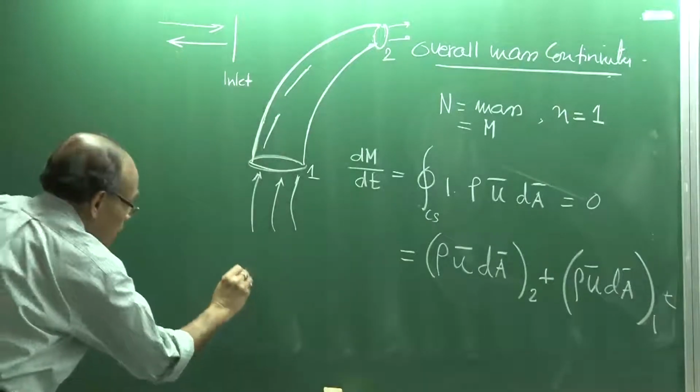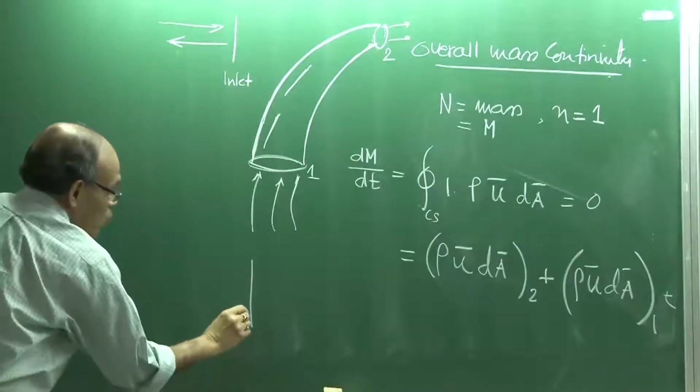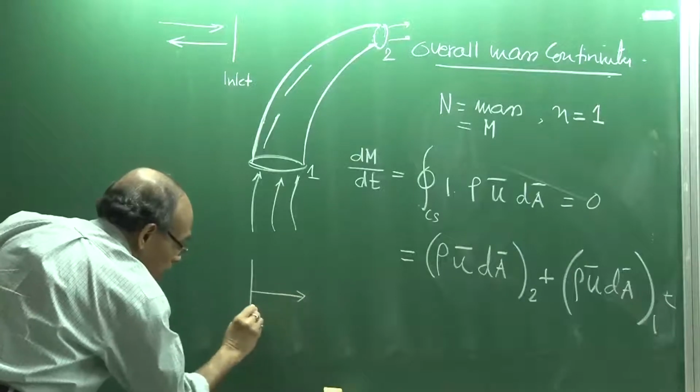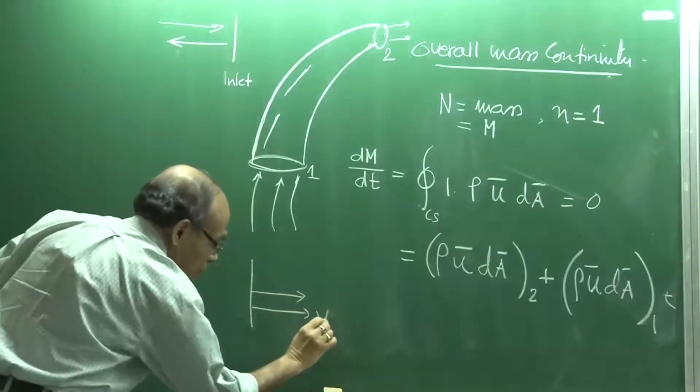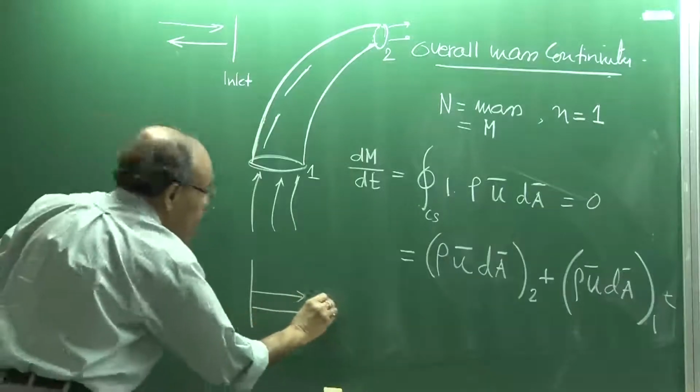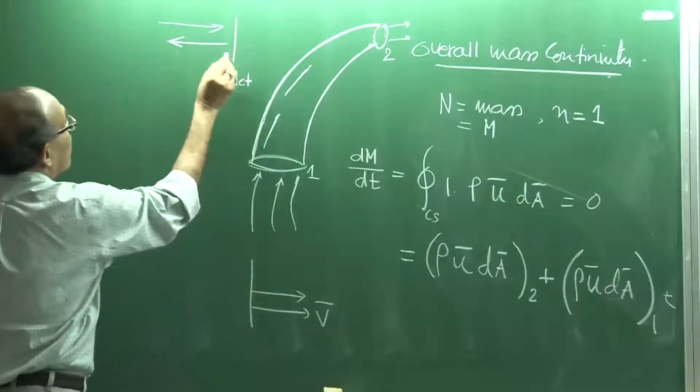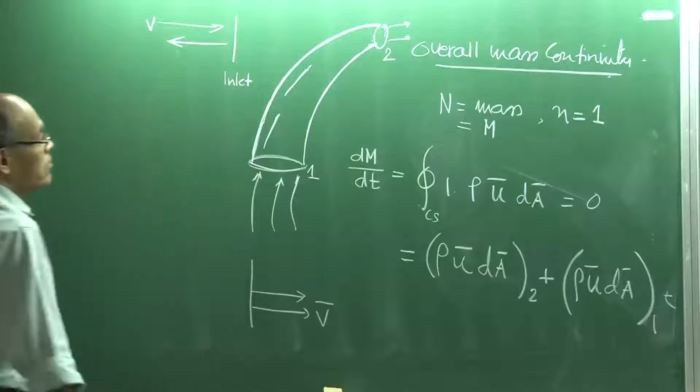Similarly, at the outlet the normal is directed this way and the velocity vector is also directed this way. So, this is the v vector and this is the v vector.